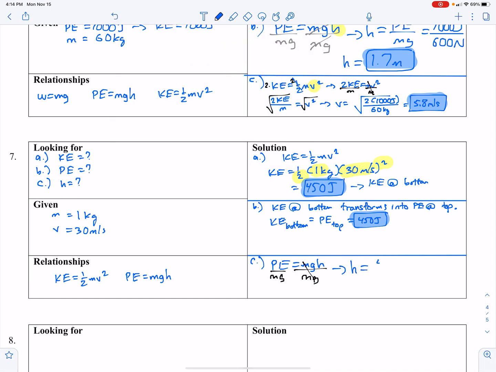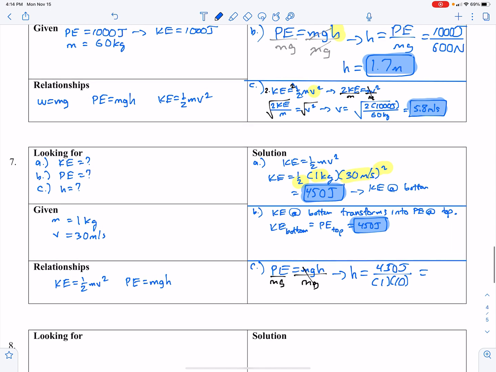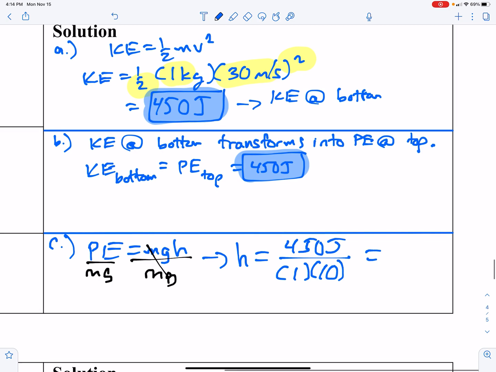And the height would be 450 joules of potential energy divided by 1, which is the mass, times 10, which is g. So it's 450 divided by 10. Give you a second to put that in your calculator. Should end up with 45 meters high.